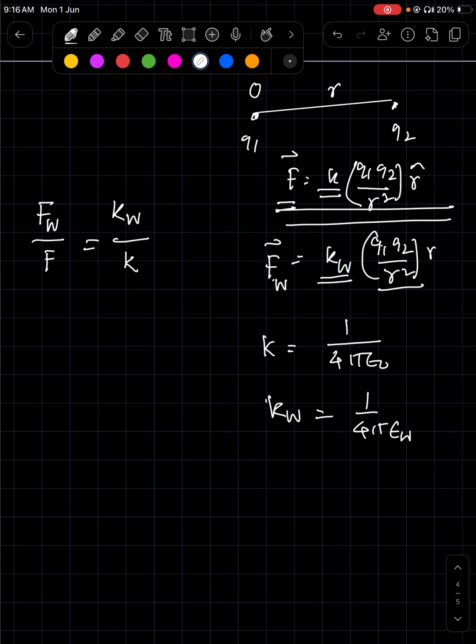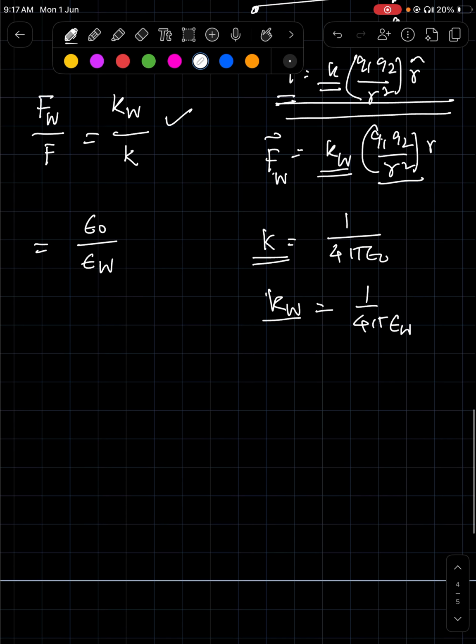If I put the explicit expressions of K and Kw in here, it gives the opposite ratio of the permittivities, so it becomes epsilon naught by epsilon W.